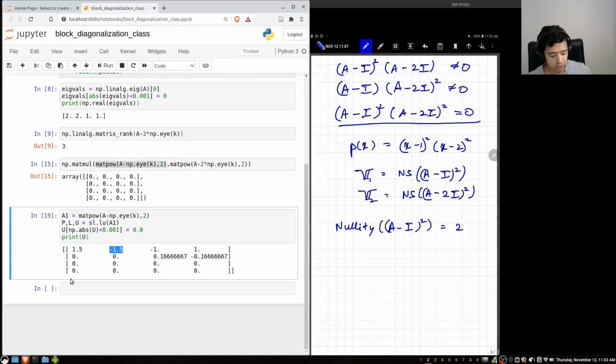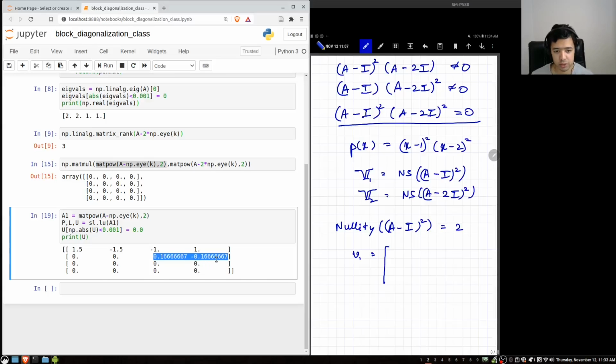Okay. So let's see. Can we guess one particular vector in the null space? So from this equation x3 minus x4 should be equal to 0.